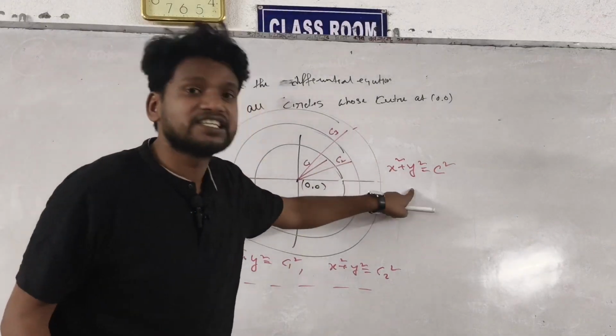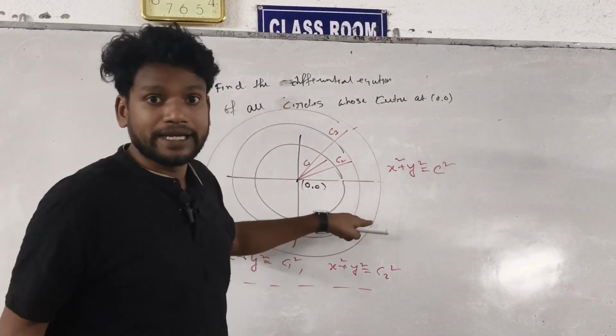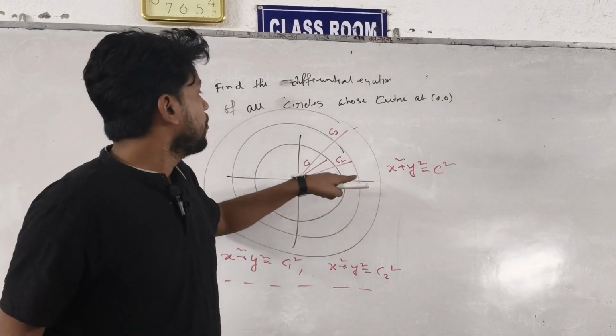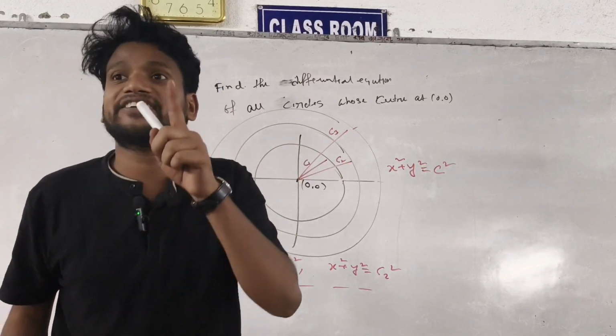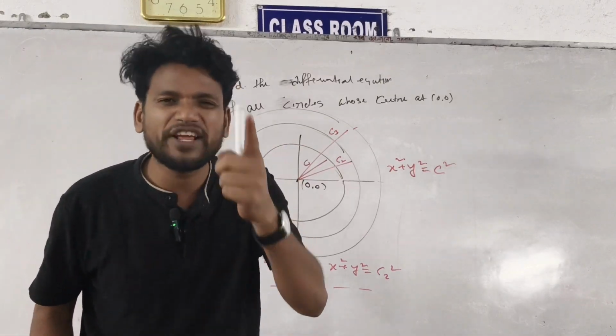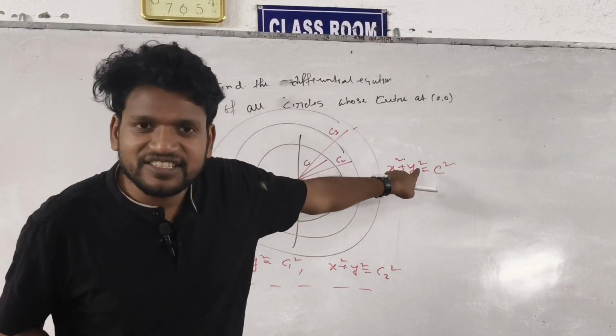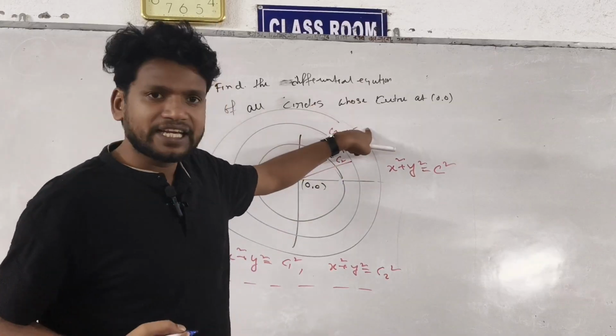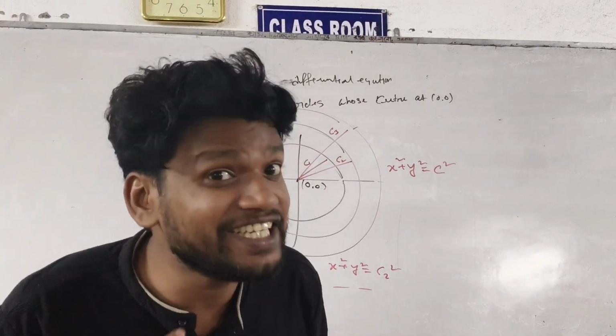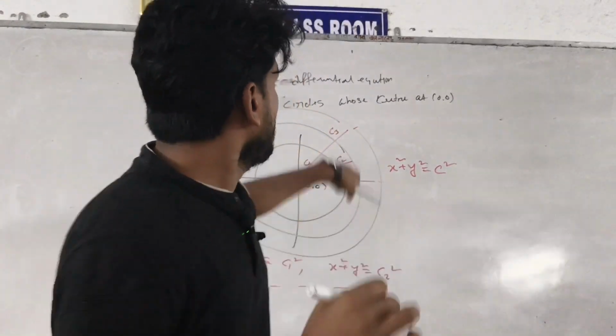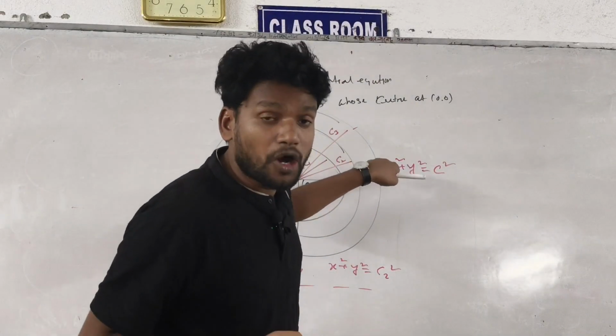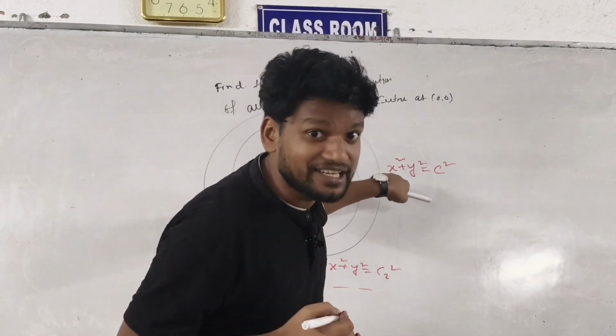This represents all the circles whose center is at 0, 0, the origin. This is the Cartesian form for the circle. But I am interested in determining the differential equation of these circles.